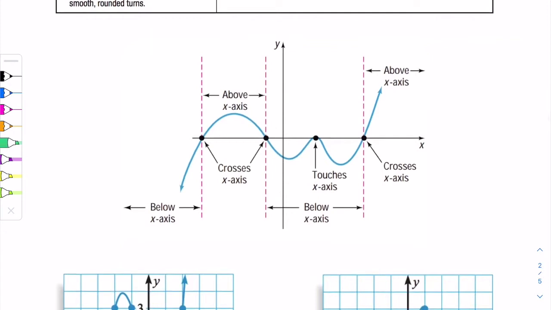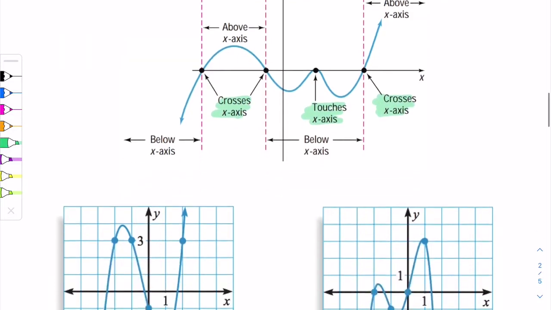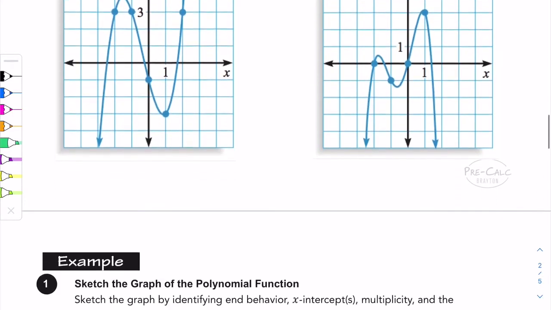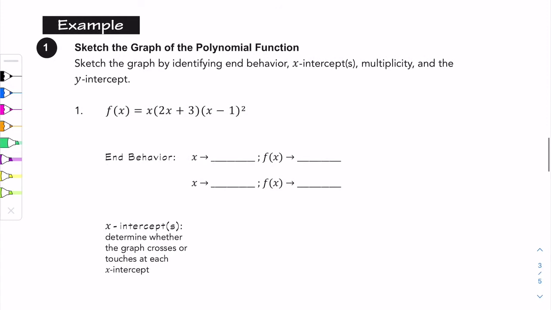Here I provided you a graph that indicates all your different multiplicities and what's happening on the graph. And two more graphed examples. So that leads us to our first example that we're going to do. Again, we're just going to do two of these today, and then the next note sheet we'll do the rest of the packet.